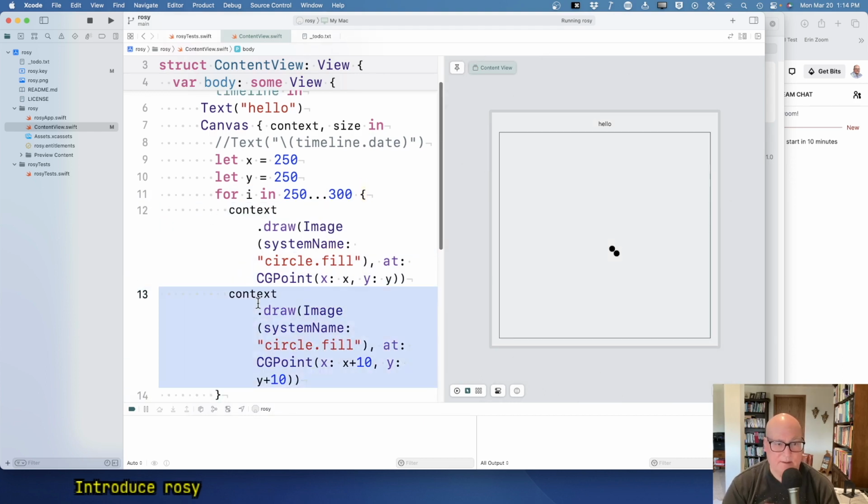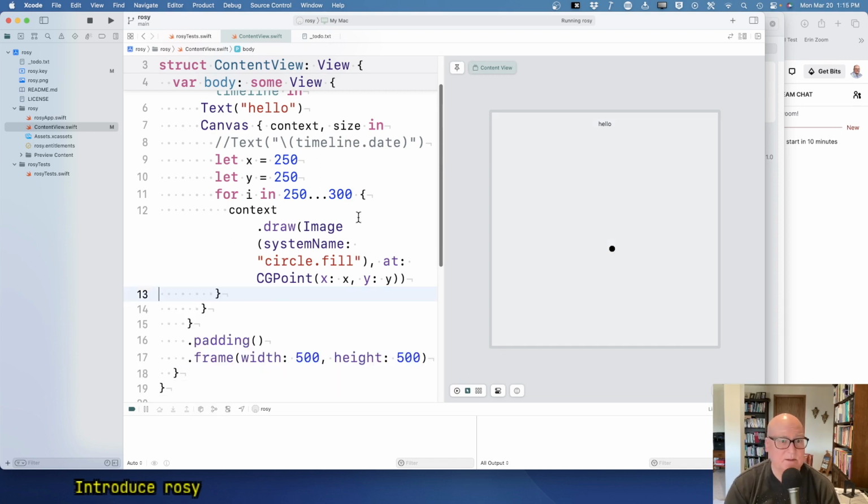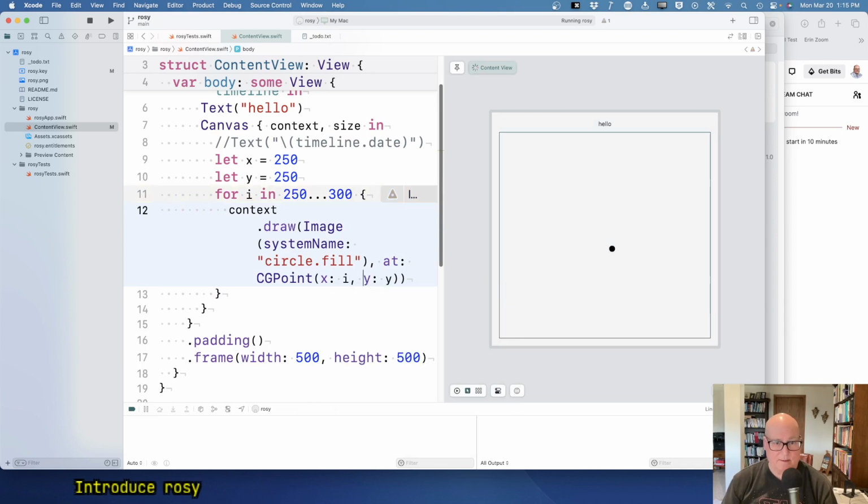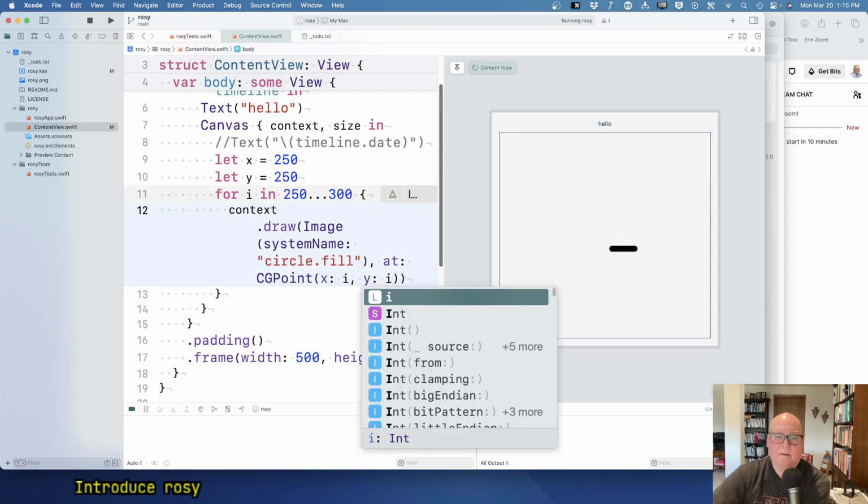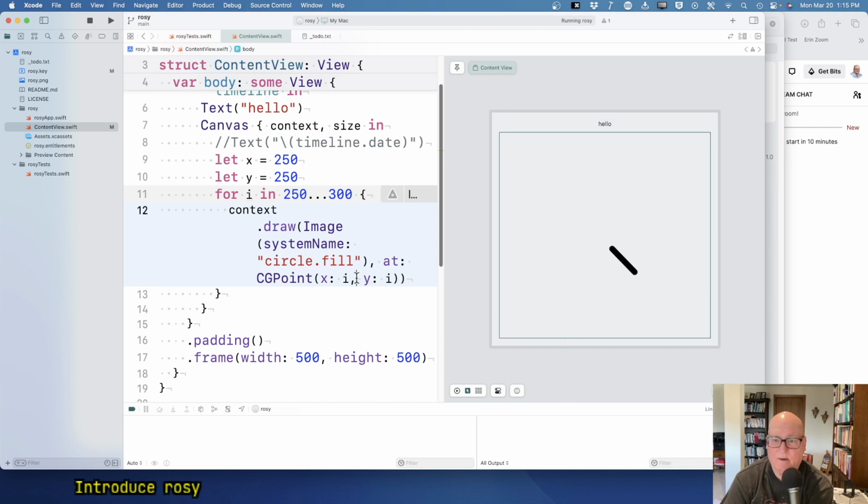All right, I don't need two dots for that purpose. Draw x. Let's draw i. Okay. That seems promising. All right. I mean, we're getting stuff drawing on the screen. I don't know that I know what I'm doing super well.